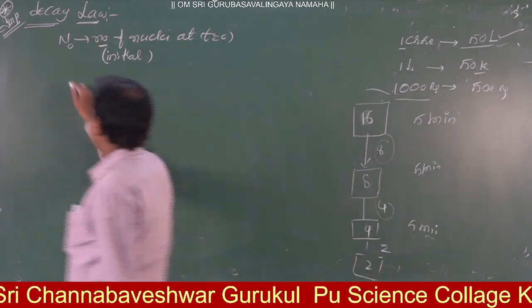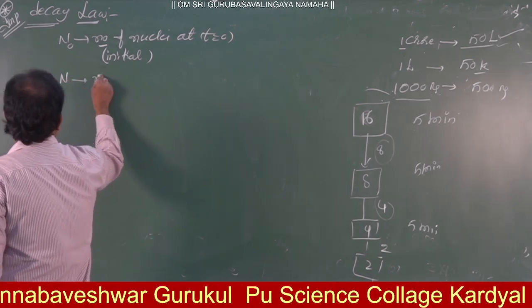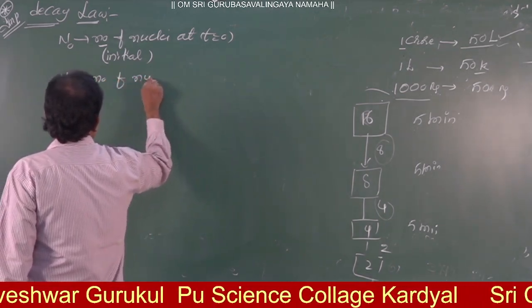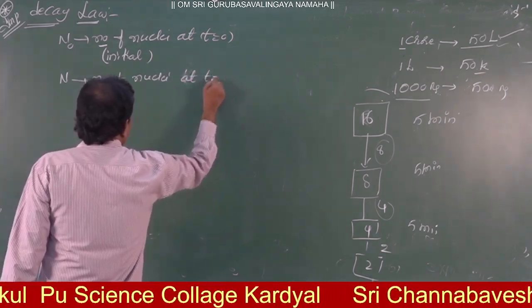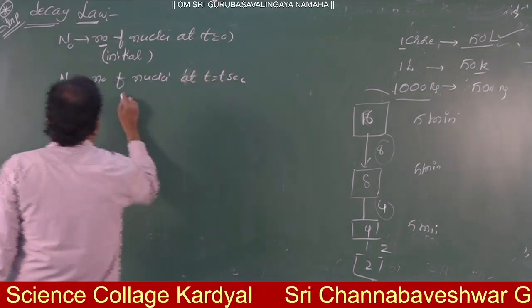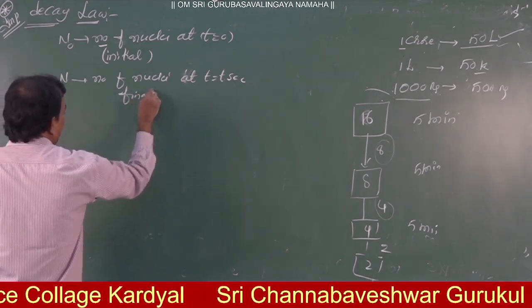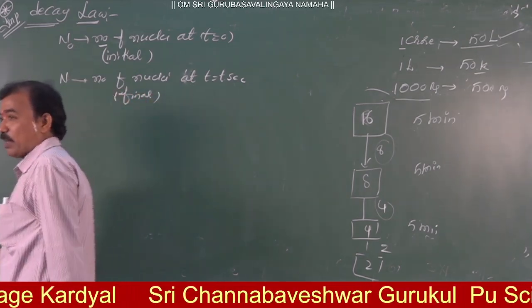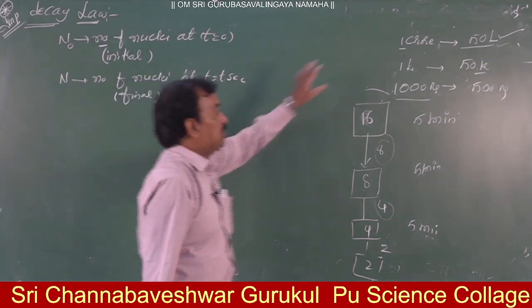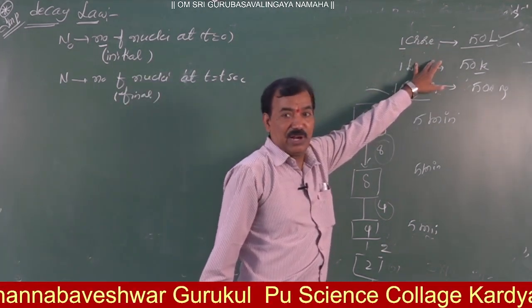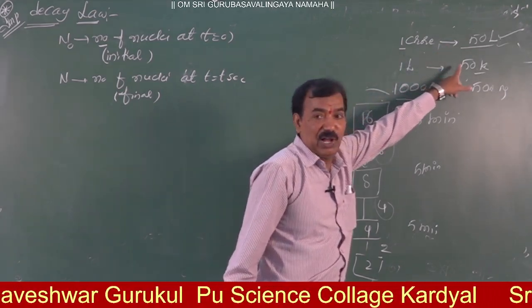Second one is N. So N is equal to number of the nuclei at T seconds. So this one is the final value, okay now? So N is the final value at some time, okay? Same in this example also. So initial is 1 crore, okay now? Again, this donation amount is 50 lakhs.